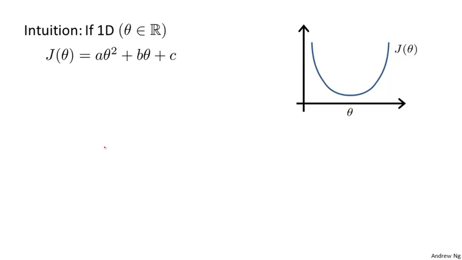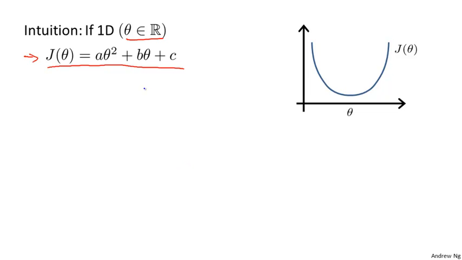For this explanatory example, let's take a very simplified cost function J of theta that's just a function of a real number theta. So for now, imagine that theta is just a scalar value, just a number rather than a vector. Imagine that we have a cost function J that's a quadratic function of this real-valued parameter theta. So J of theta looks like that. Well, how do you minimize a quadratic function?